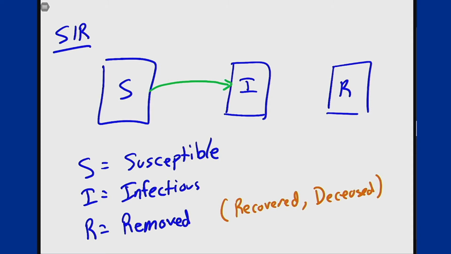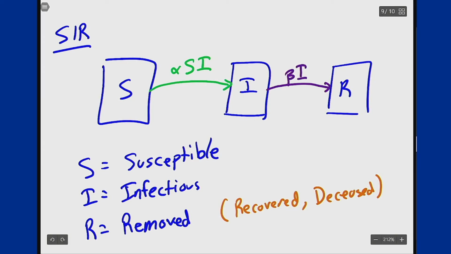So this is some constant alpha times S times I, the rate at which someone moves from S into I. Then people can move from I into R, either recovering or passing away from the disease, at some rate beta times I, some sort of decay rate on population I becoming recovered or removed. We assume in this case there's no way to go from S directly to R. You'll see a case in the lab that actually adds in that transition.